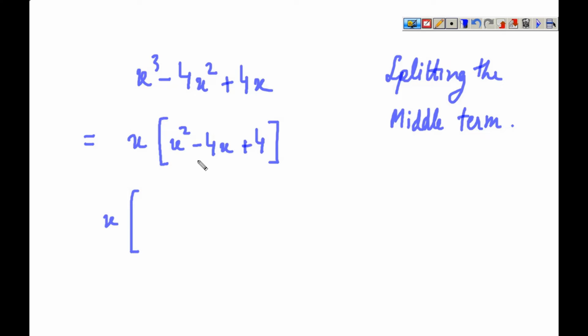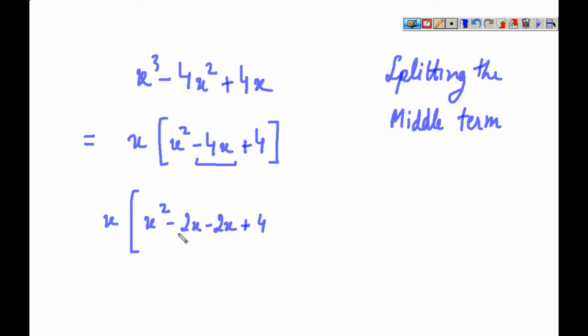This is the middle term, and we try to split it. So I can write this as x square minus 2x minus 2x plus 4, right? This can be written as this.